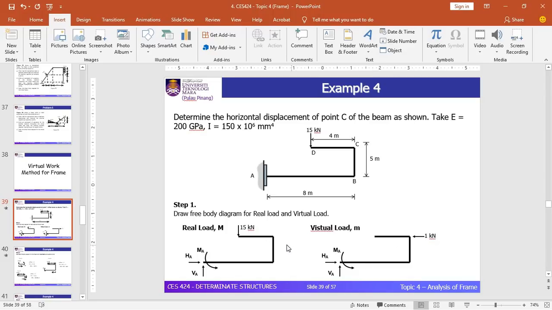You need to indicate the x distance in order to get the equation of moment.